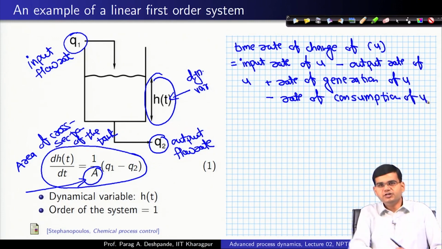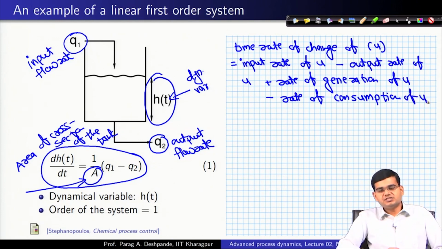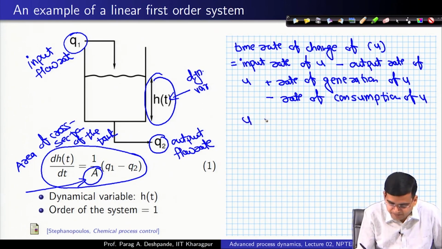And what is u? U is the quantity which is conserved. So, u can be mass, u can be energy, u can be momentum.